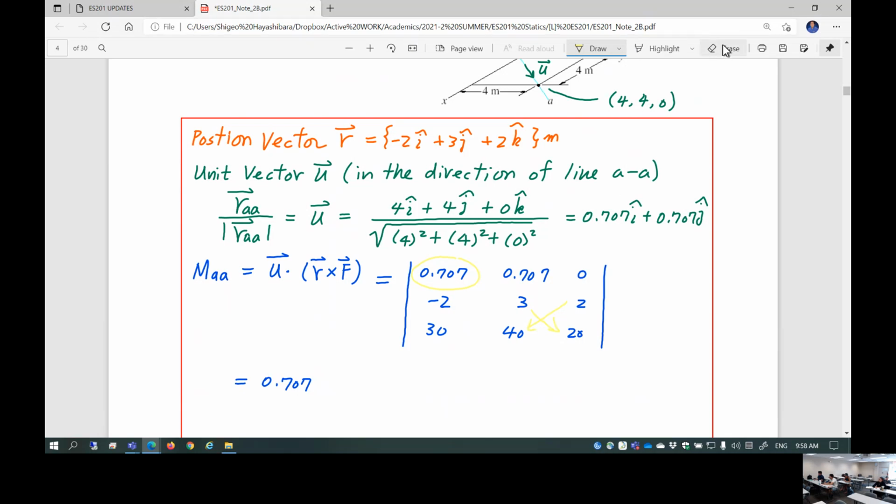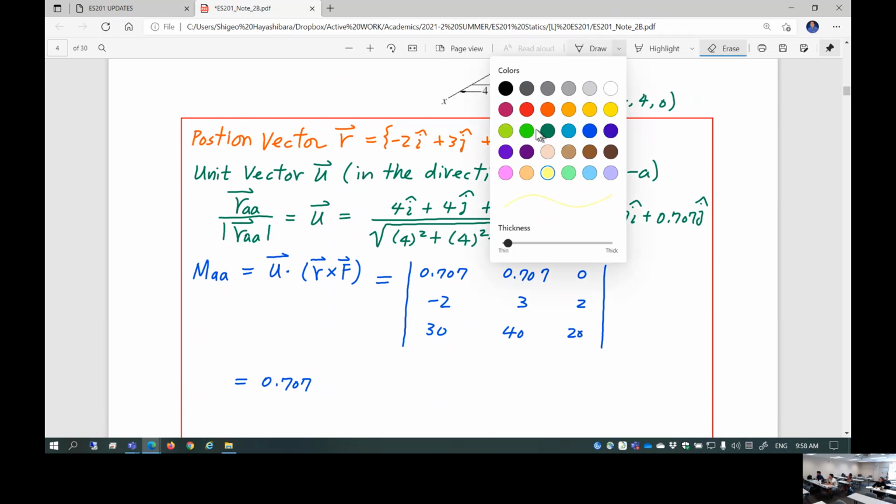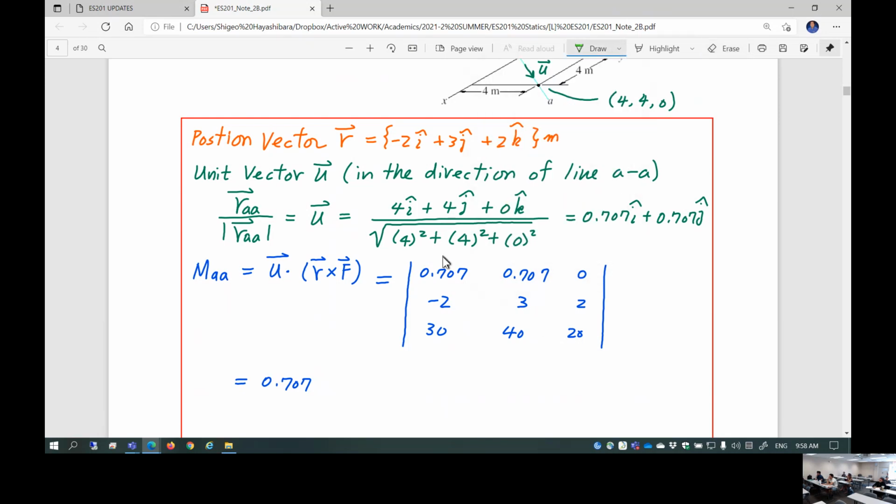You cannot see. So, can you see? You can't. Okay, let's just use a different color. So take this times that minus this times that. 0.707 times 3 times 20 minus 2 times 40.